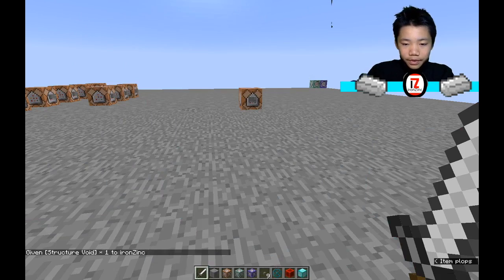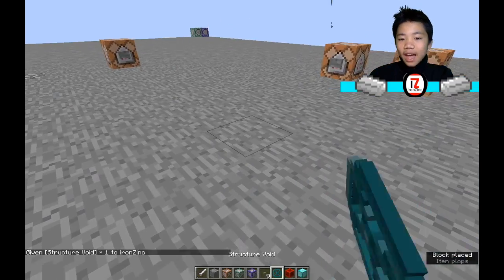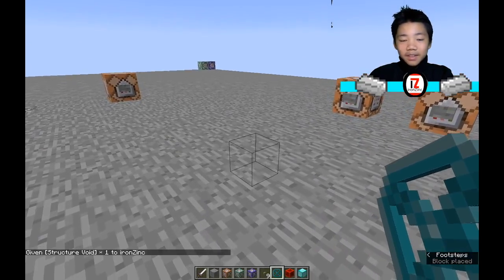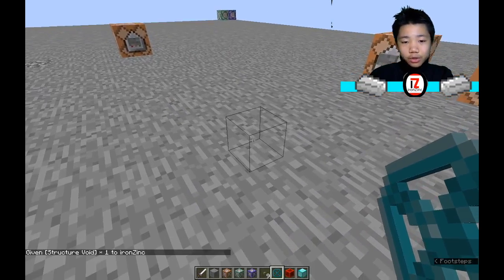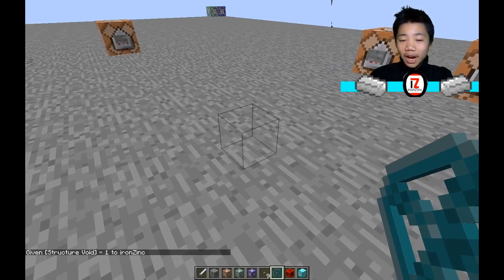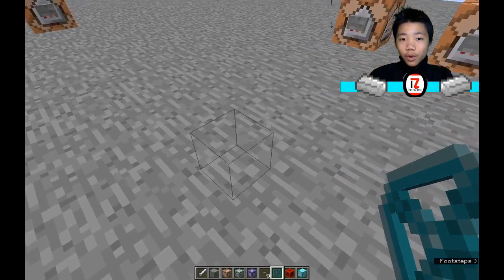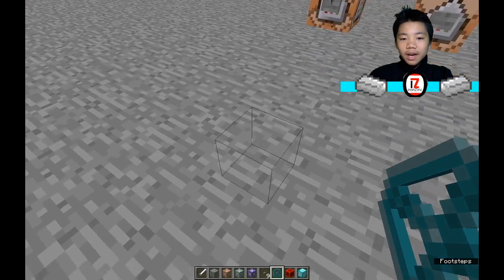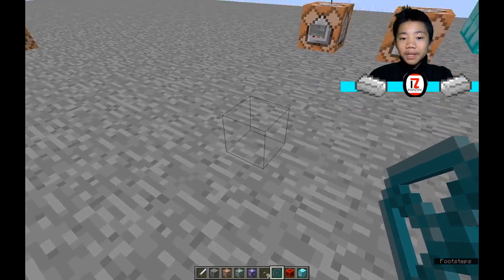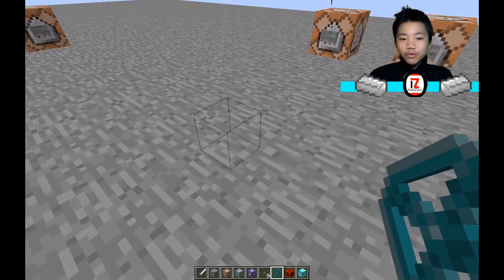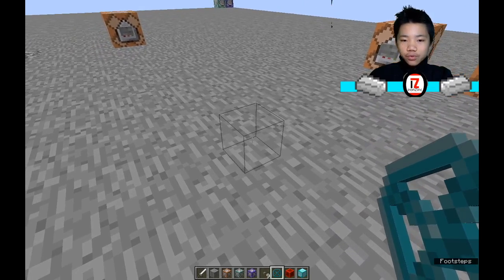If you place that down, as you can see, there's nothing there but the structure void. And the structure void allows other blocks to override it. So if I'm trying to clone an area with structure void in it, then the block that ends up in the place of the structure void will override it.